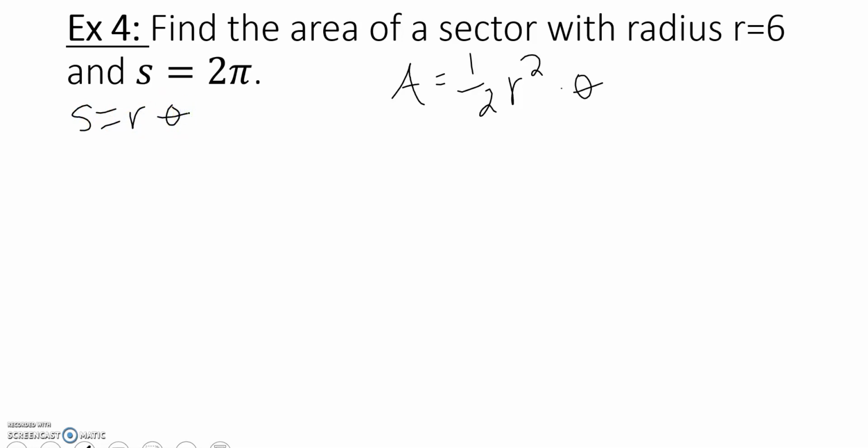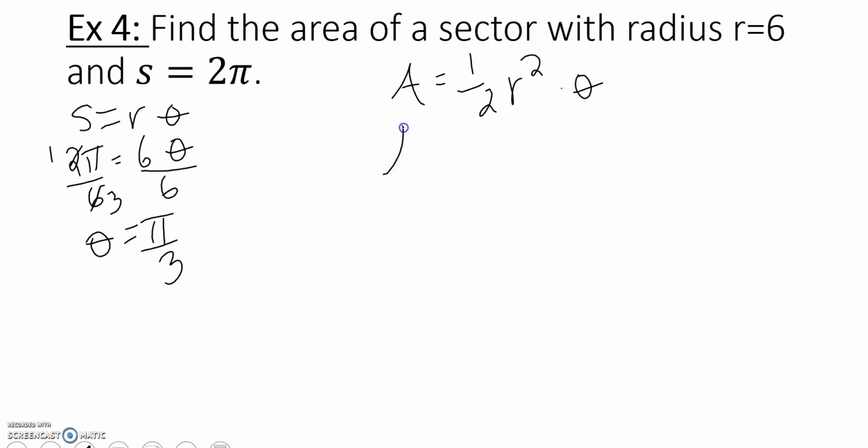So we can use this arc length formula to find the theta. So our S is 2 pi and our r is 6. So we can solve for theta by dividing both sides by 6. And so this reduces down, 2 goes into 2 one time and it goes into 6 3 times. So we end up getting theta is equal to pi over 3.